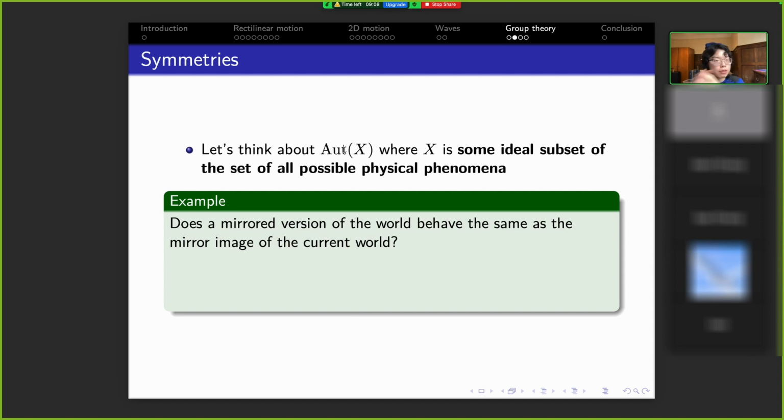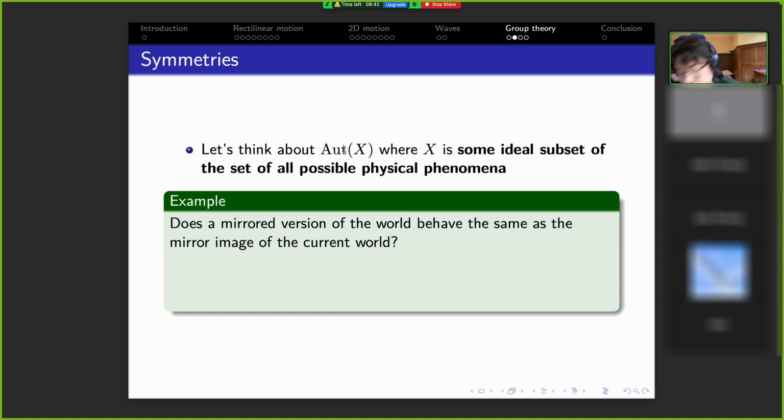So for example, if I translate this entire universe by 1 meter, is the universe going to change? Not really, right? Everything is still going to be the same. I can rotate this entire universe around myself 60 degrees, and it is still going to be exactly the same, right? Physical phenomena that could happen in this universe can still happen in a universe that's 1 meter shifted to the right.